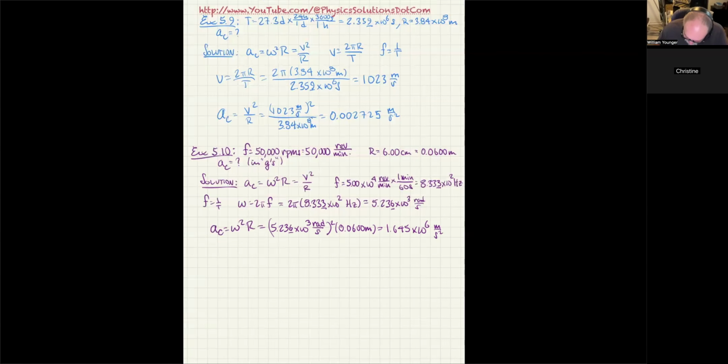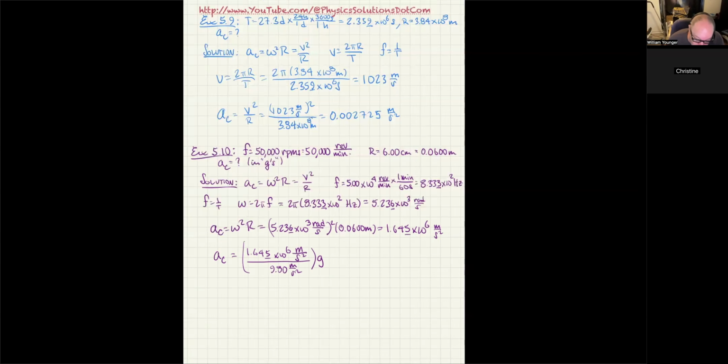So that's it, but we want it in G's, so A sub C in G's is equal to 1.645 times 10 to the sixth meters per second squared divided by G, which is 9.80 meters per second squared times G. And now you can see why it works this way, because all I did was multiply by G over G. And if you multiply by G over G, you're multiplying by 1, so you don't change its value.